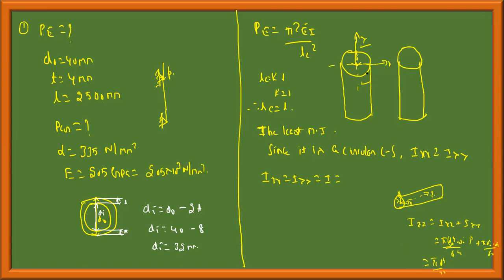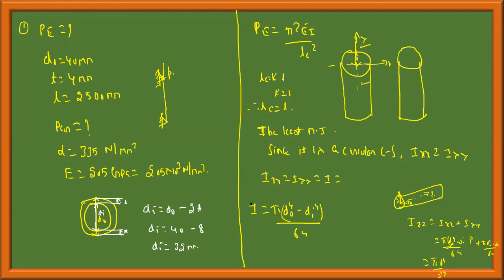Since in this case I am talking about Ixx or Iyy, I have I is equal to pi d naught power 4 minus di power 4 by 64 for a hollow circular shaft, and only pi d power 4 by 64 for a circular solid shaft. Because I am clubbing these, 2 times pi d power 4 by 64 will become 32 here. That you should remember. Along the z axis, this is along the x and y axis.